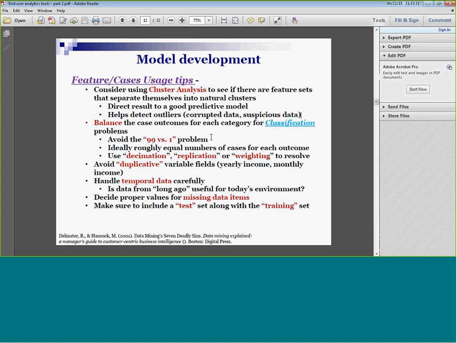So what would be better? It would be much better if you had a data set where 5,000 of the cases were people who paid the loan back, 5,000 of the cases were people who did not pay the loan back, because now it's a 50-50 coin flip.